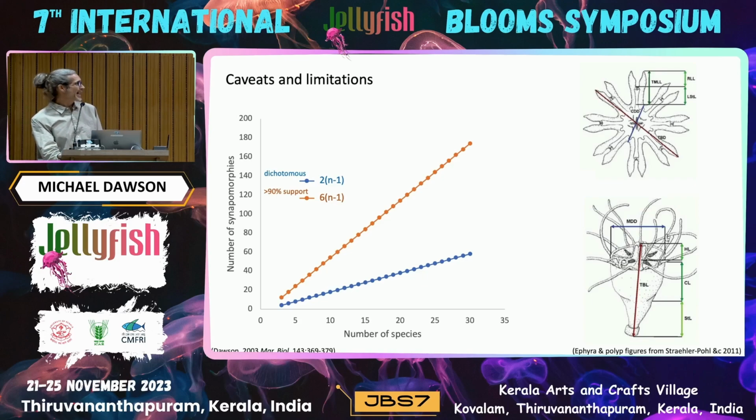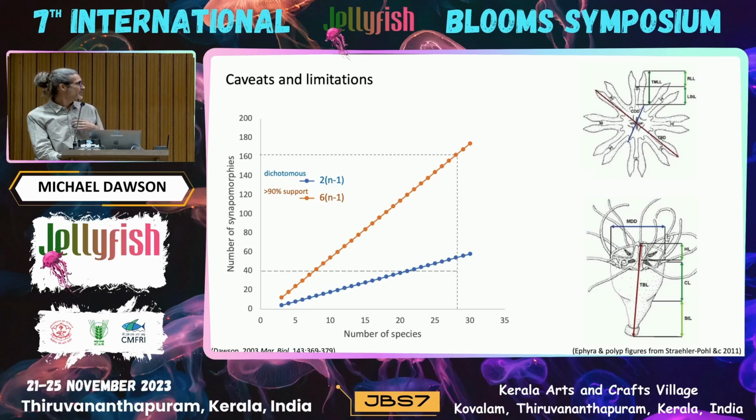To do that, you need something like this number of characters, reliably informative characters. So where are we with Aurelia? Well, John Lawley's paper reckons that there are maybe about 28 species currently identifiable of Aurelia. So for a fully statistically resolved tree, we would need that many characters.